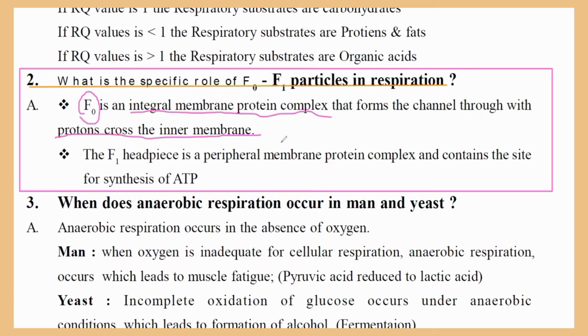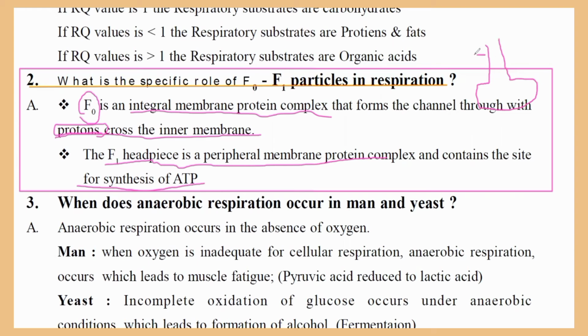Protons means H+ ions. The F1 headpiece is a peripheral membrane protein complex that contains the site for synthesis of ATP. So when we draw it, it looks like this.